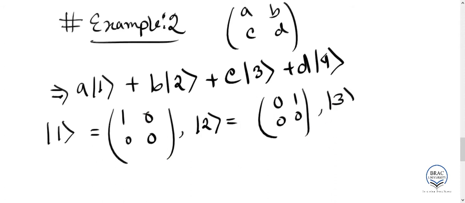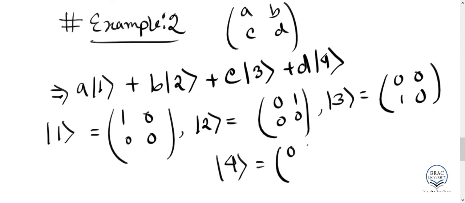3 will be given by 0 0 1 0, and 4 will be given by 0 0 0 1. So the question is, are these vectors, that is 1, 2, 3 and 4, linearly independent?